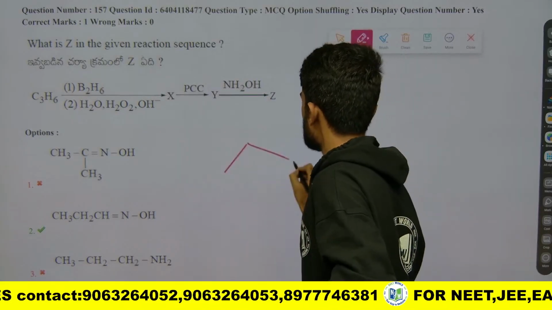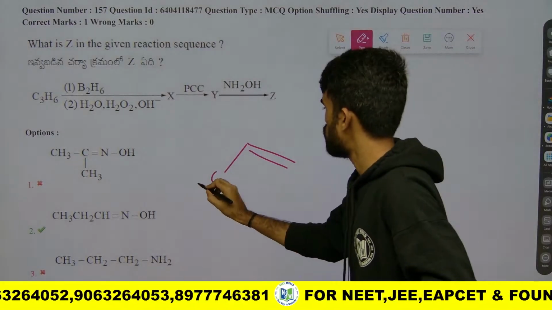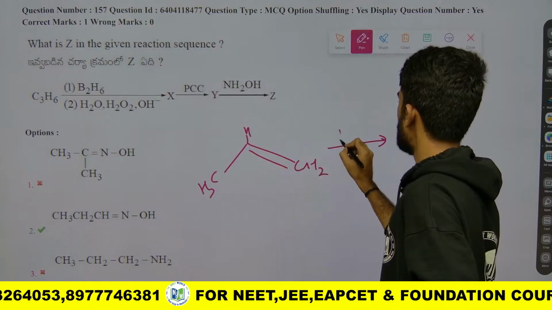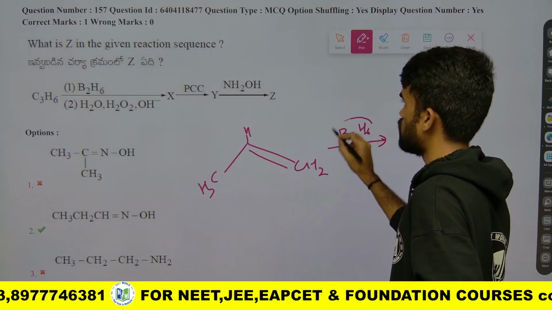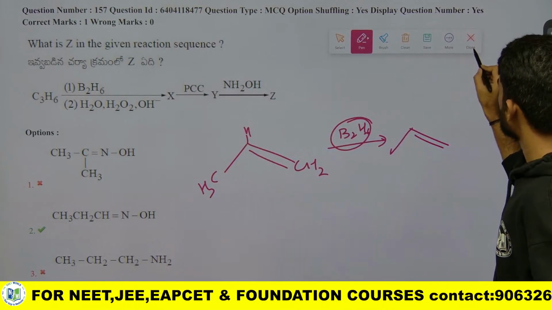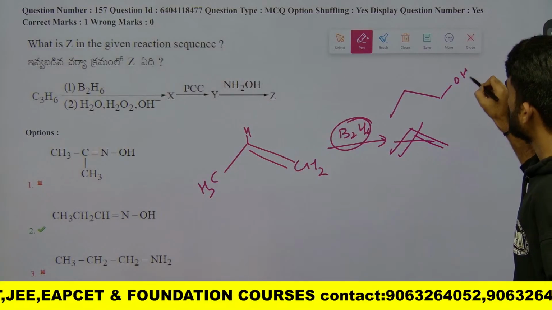C3H6, can I write it like this? Yes. Here we have 3 hydrogens, 1 hydrogen, 2 hydrogens, that's it. We need to add B2H6, hydroboration, and H2O2. So remove the double bond and add OH here and H here.